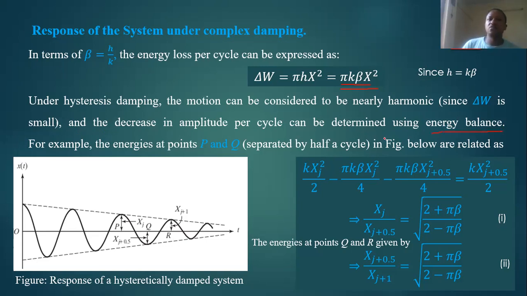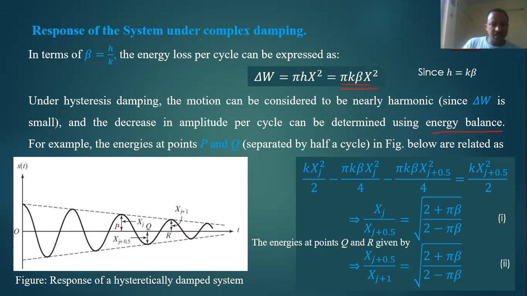In order to determine the amount of decrease in amplitude of the motion, we must consider the energy balance. So for that, let's take some points. For example, this is the type of motion expected. And then let's consider some point P here, and the point Q here, and point R, three points.